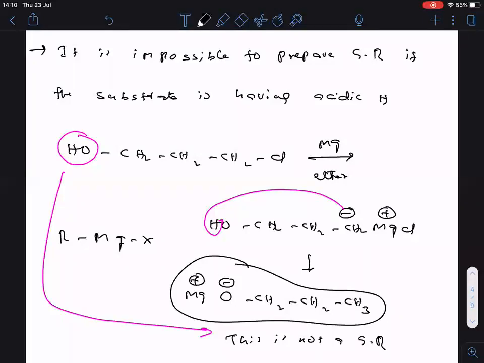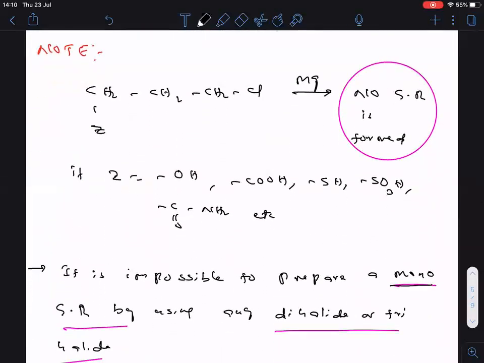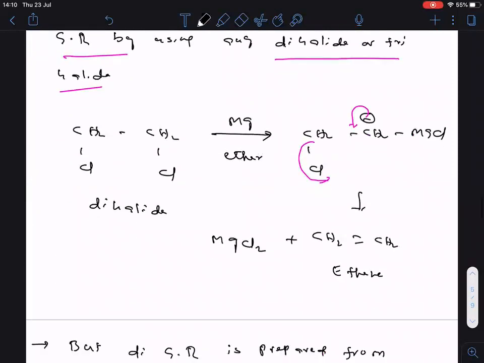Then after, one important note is given to you about the acidic hydrogen. Followed. Next, when dihalide is taken, how to do? This is the next slide.